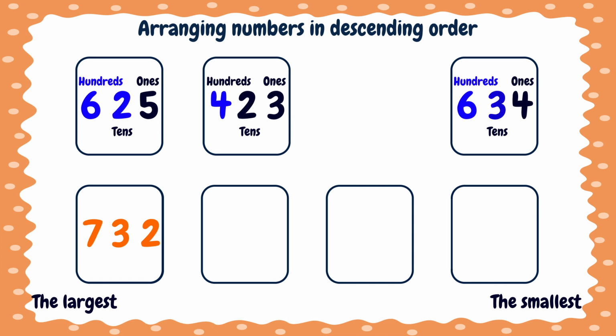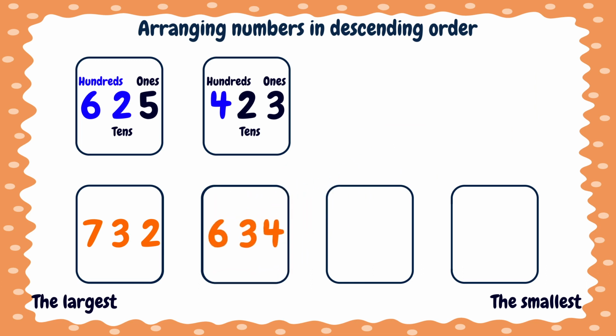Let us see. Here is the number 2, and here is the number 3. Which one is the largest? Number 3. Good job. So the number 634 is the largest. So we will put this card here.